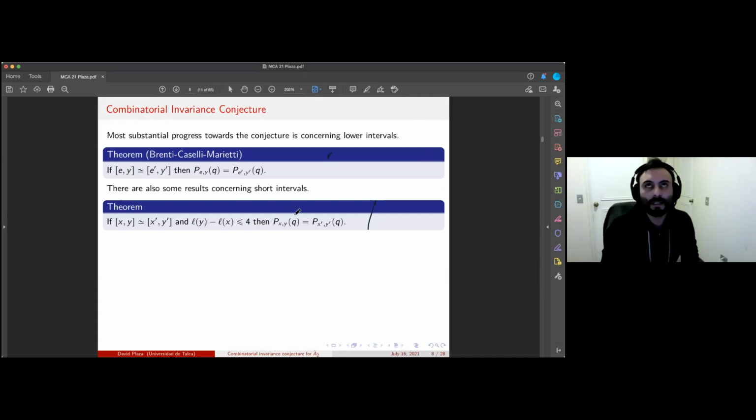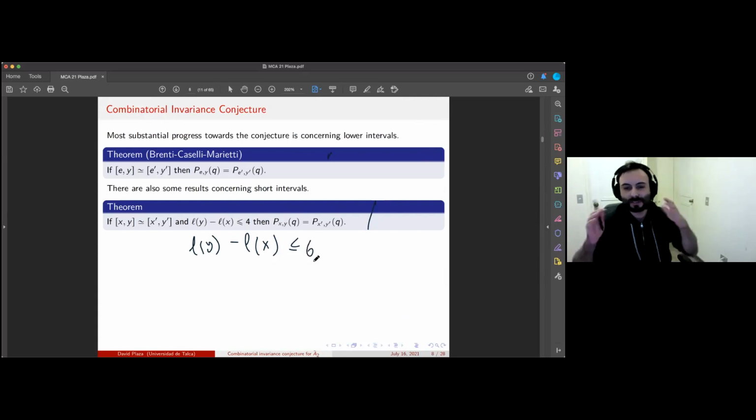For A3 tilde, apart from the formulas, which are a complicated problem, we should have something like this theorem, but for differences greater than 4 or 6. We know many of the formulas in A3 tilde, and we need a result like this. But this result is not available at this moment.